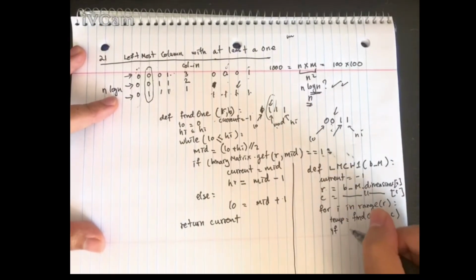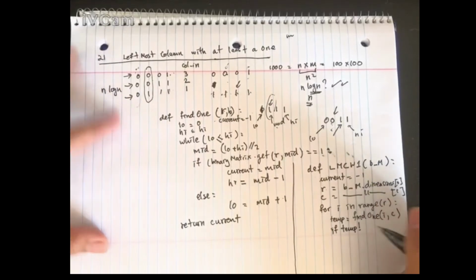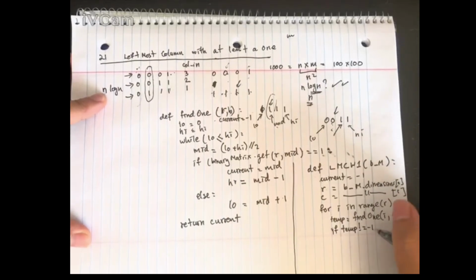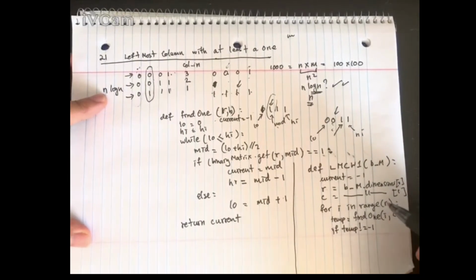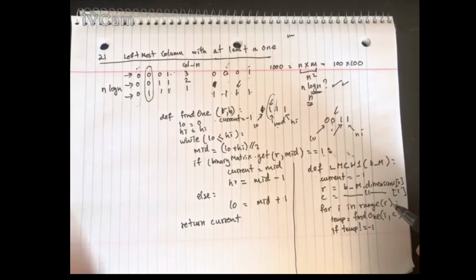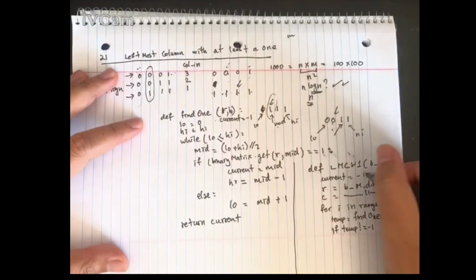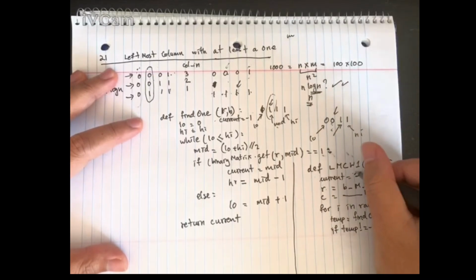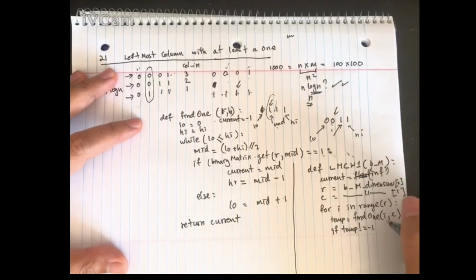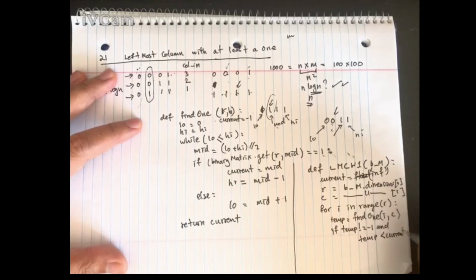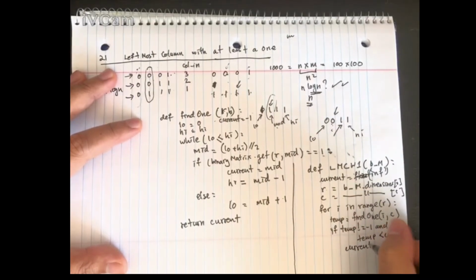And if temp is not -1, so if you find something, I think we should initialize this to infinity, so it would be float infinity right here, and if temp is less than current, we want to update our current to temp.